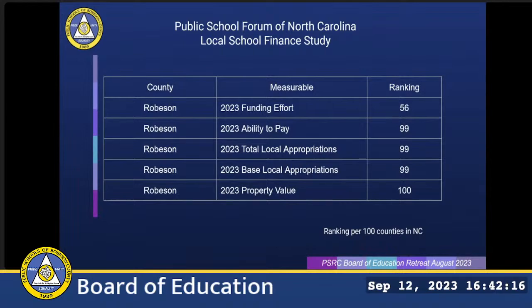Yeah, the funding effort takes into account the ability to pay and what they're actually doing. So that ranking of 56 out of the 100 counties considers where your property values are, what your appropriations are, and what your ability to pay is. It does take into account whether they've got a surplus and everything else.